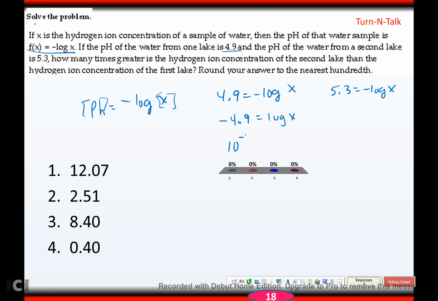Alright, so you're going to divide by the negative. Roll the base, so 10 to the negative 4.9. Divide by the negative.